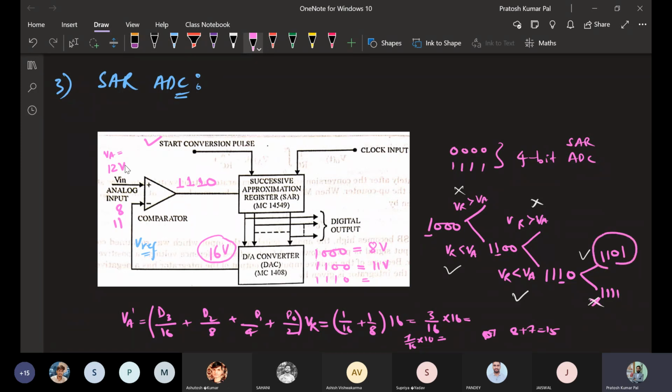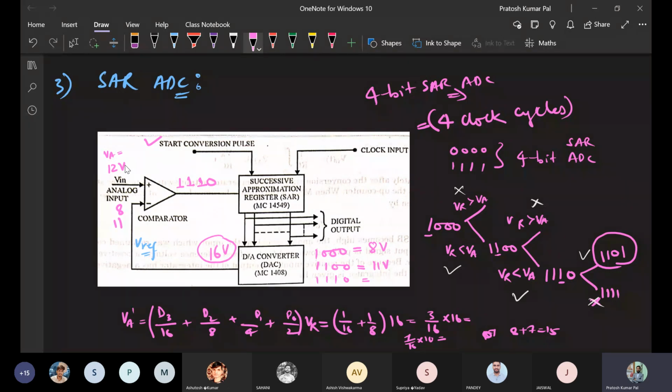So if it is a 4-bit SAR ADC, then 4 clock cycles will be used. This is the property of this SAR ADC. How many bits are required, that many clocks are required basically. Okay.